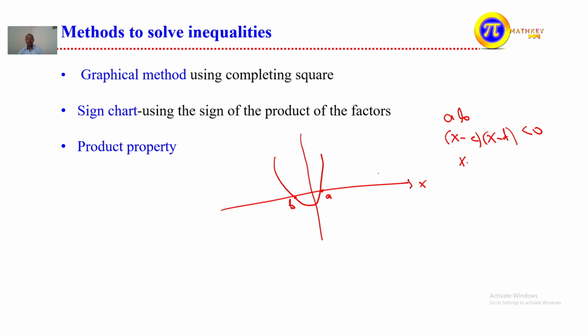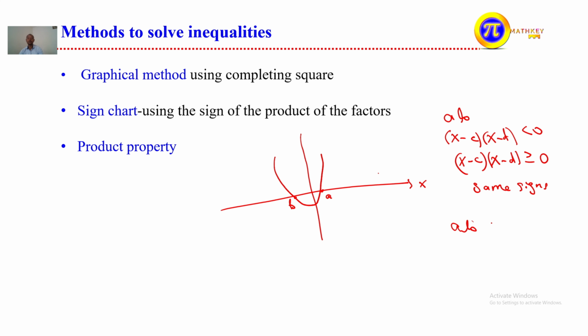Similarly, if you have x minus c times x minus d greater than or equal to 0, it is true when both factors have the same sign, that means both are either positive or negative. In case of the product property, you take the product AB.